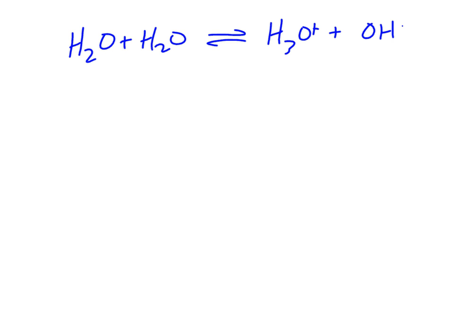So again, it's an equilibrium, which means that it goes back and forth. This equilibrium is kind of like a teeter-totter. You reach a balancing point, and then it doesn't stop. It keeps going back and forth, but it stays balanced. What that produces is what's called an ion product constant.